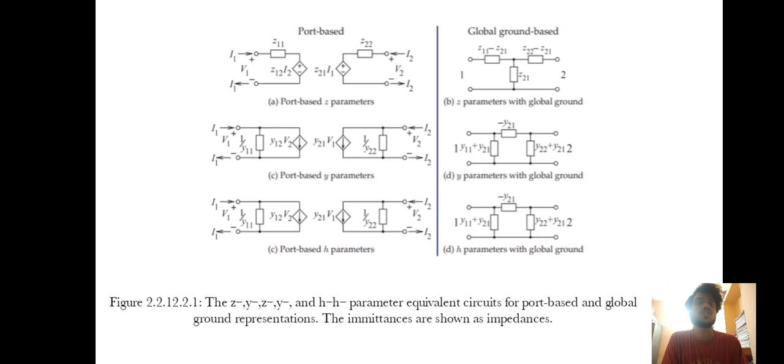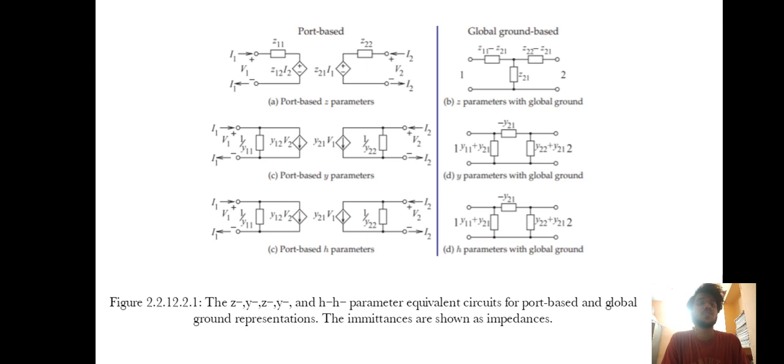This figure shows the difference between port-based and global ground-based parameters. Figure A shows port-based Z parameters, and figure B shows Z parameters with global ground. C shows port-based Y parameters. D shows Y parameters with global ground.